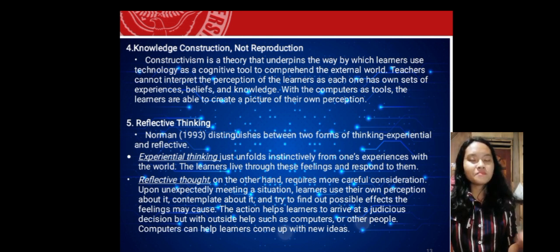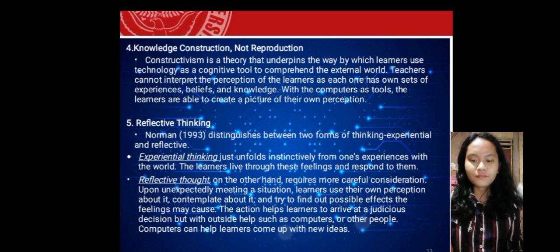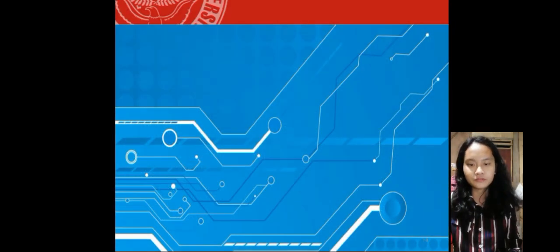So reflective thinking involves consideration of the larger context, the meaning and the implications of an experience or action. It means taking the bigger picture and understanding all of its consequences. It is a matter of reflection and contemplation.